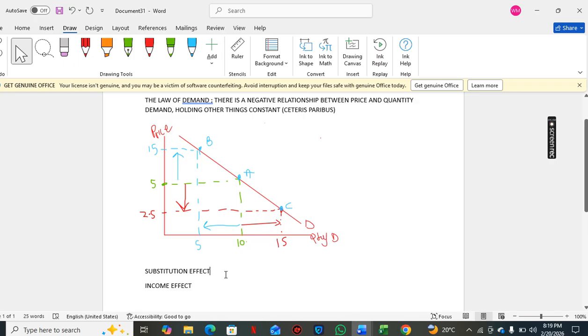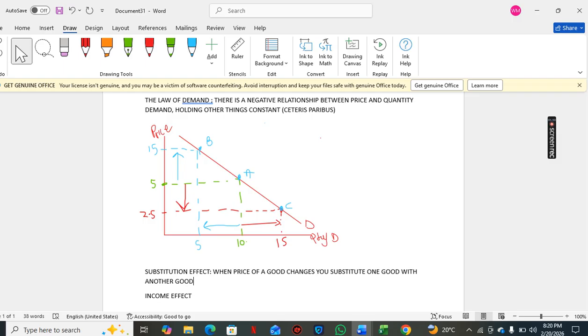The substitution effect says when the price of a good changes, you substitute one good with another good, holding your real income constant. Okay, when the price of one good changes, if one good becomes cheaper than the other, for example, Coca-Cola and Pepsi, if Coca-Cola becomes cheaper than Pepsi, you substitute the Pepsi with the Coca-Cola.